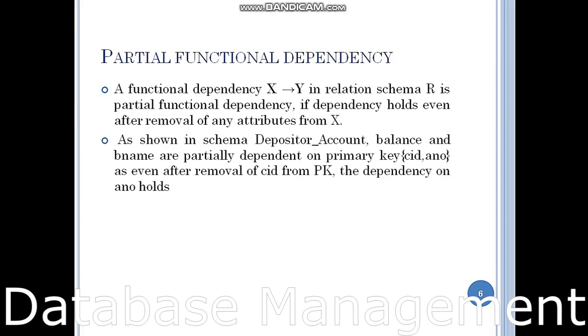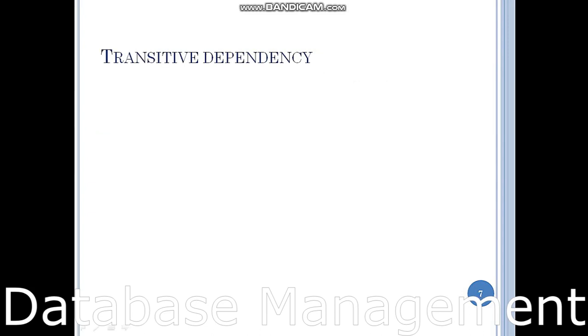As shown in the schema depositor account, balance and branch name are partially dependent on the primary key, customer ID and account number, as even after the removal of customer ID from the primary key, the dependency on account number holds.